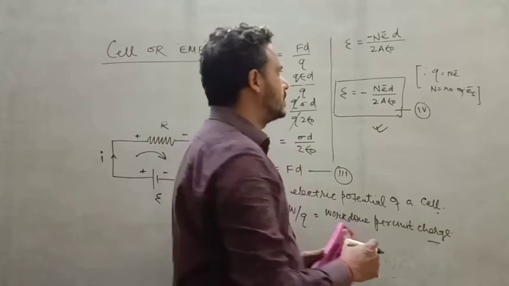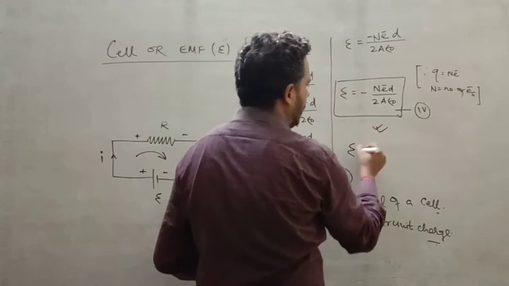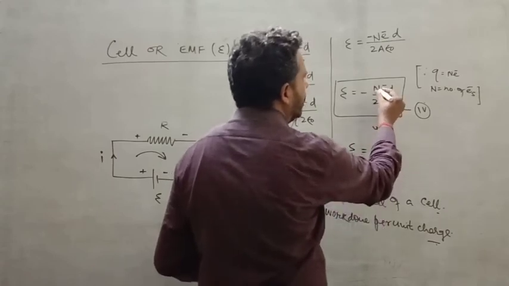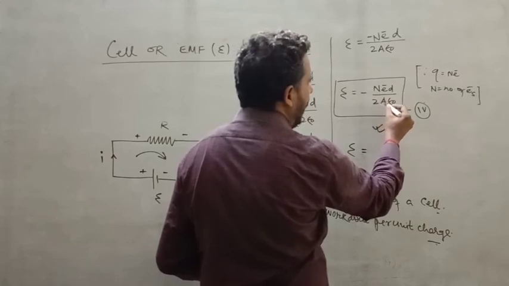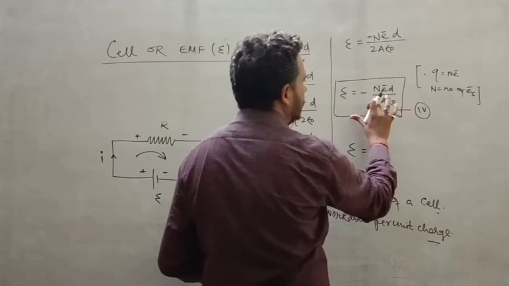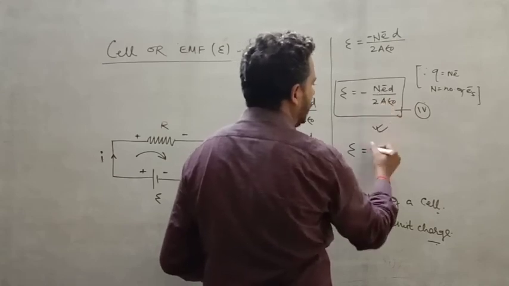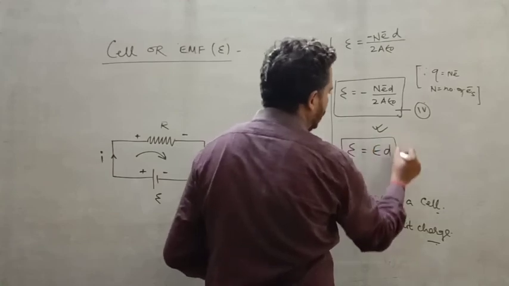Otherwise, after simplification, you can write E is equal to Ne by A epsilon naught, which is your electric field. So this one is E and this one is D. You have known about this one.